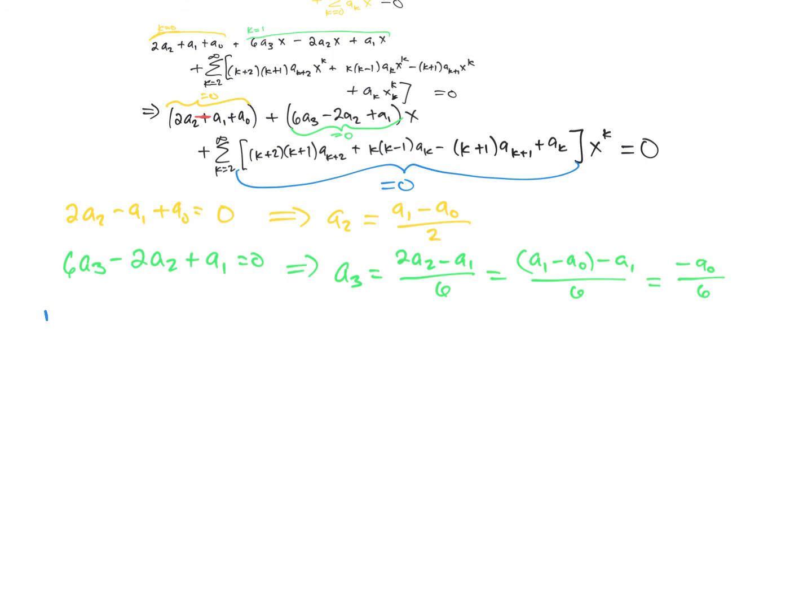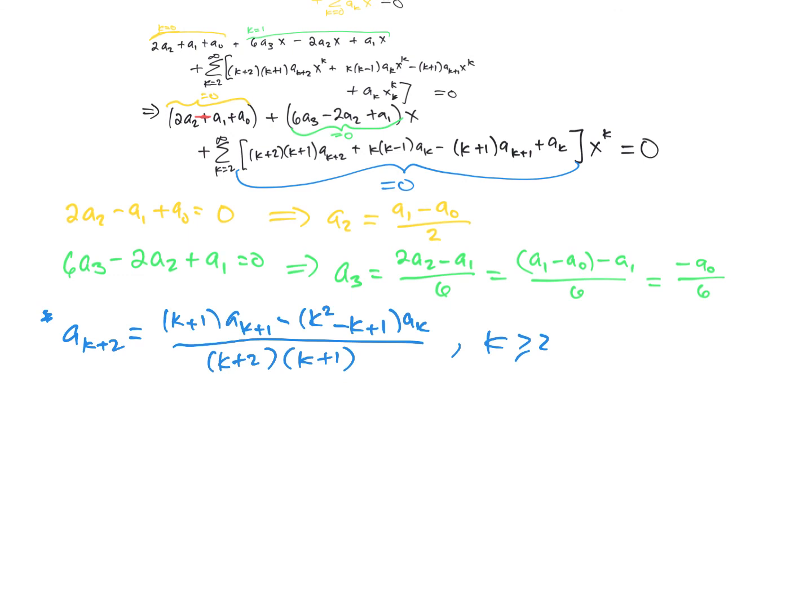We could do it for k, and get a k plus 2 alone in terms of all the other ones. If we simplify things down, we end up getting this, which I'll write out. And that relationship holds for any k greater than or equal to 2.